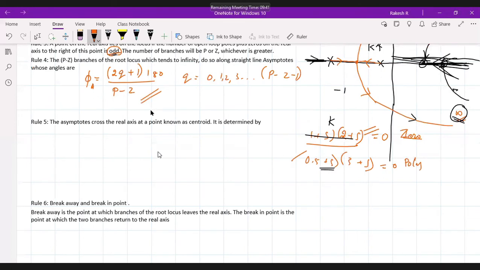But where does the asymptote point lie? We need to find that, and that is given by rule number 5.